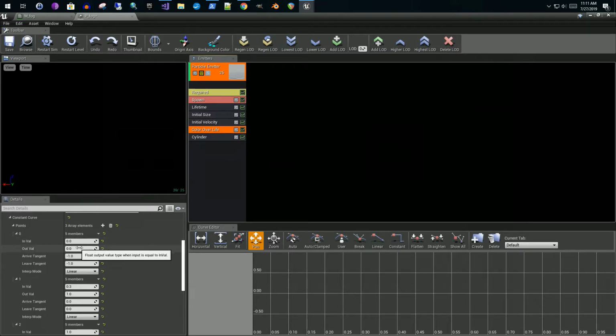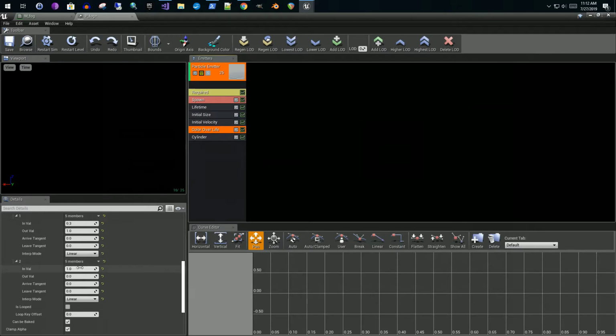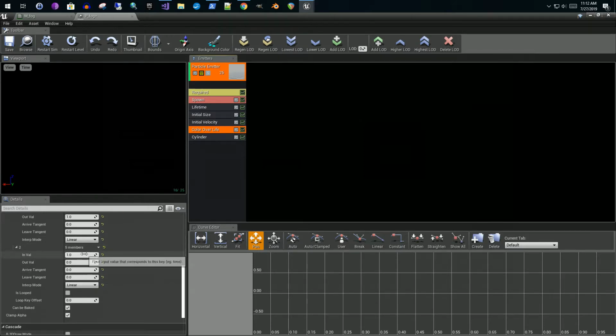So we start off invisible, and then I do at 0.3, so at 30% through its life, we're at full opacity. So you can see the entire fog setting, and then that blends out all the way up to the end of life where it goes back to 0.